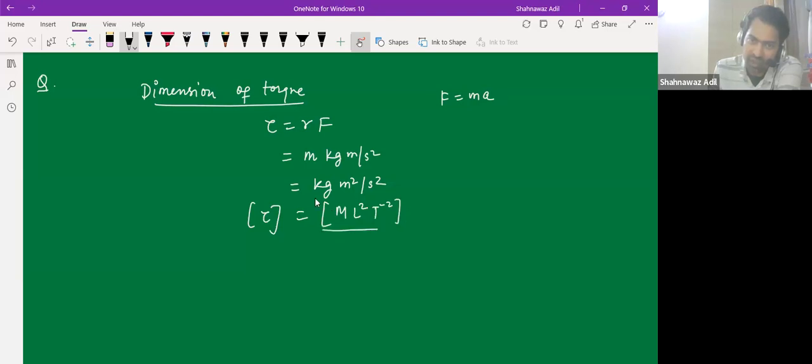But can you identify this dimension? Is it matching with another dimension? Force has M L T minus 2.